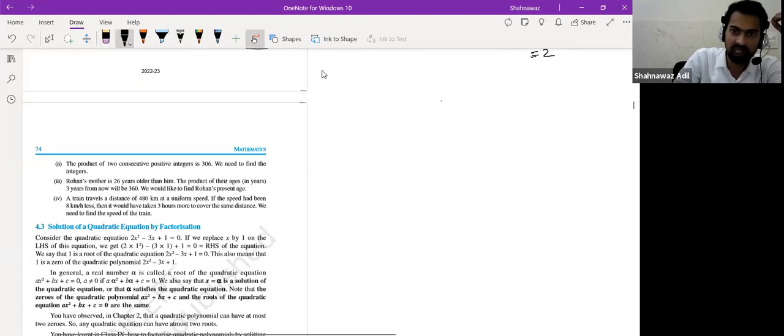So this second question, Talha, your turn. We have these three pieces of information: consecutive, positive, integers. These three are important. The product of two consecutive positive integers is 306. We need to find the integers. Let's say one number is 3.